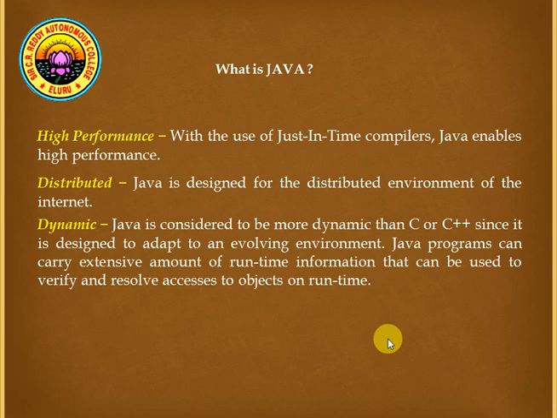Static is nothing but rigid. Dynamic is not rigid and can change itself from time to time. Java has a dynamic nature regarding programming, data, objects, or classes, everything. So we can say that Java is dynamic.